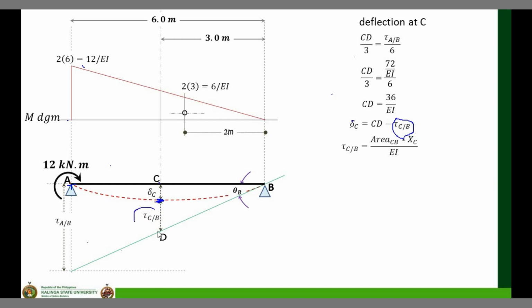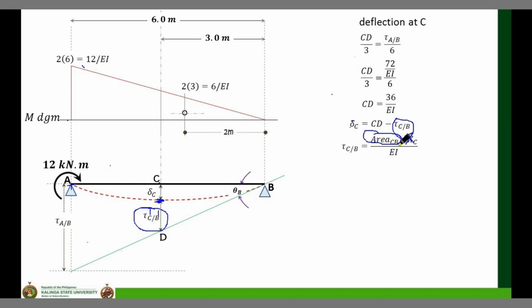So, since TCB, the area that I'm going to consider is the area from point C to point B. Now, what is my basis for the value of my X?